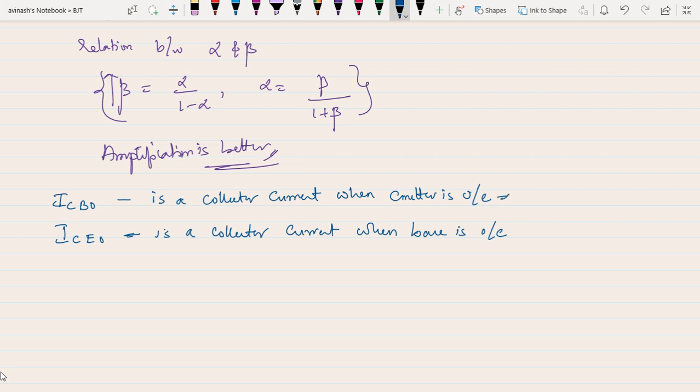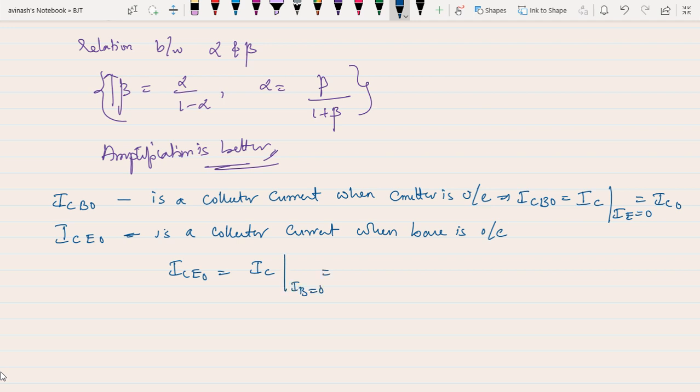That implies ICBO is equal to IC when the emitter current is open circuit, which is nothing but IC naught. In the same way, ICEO is the collector current when the base is open circuited.